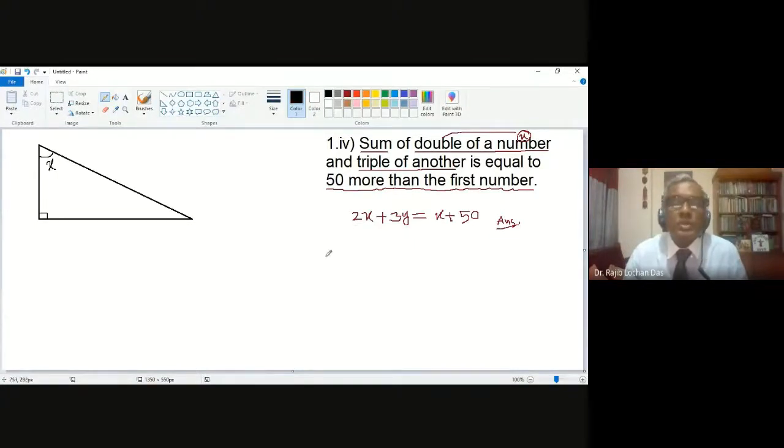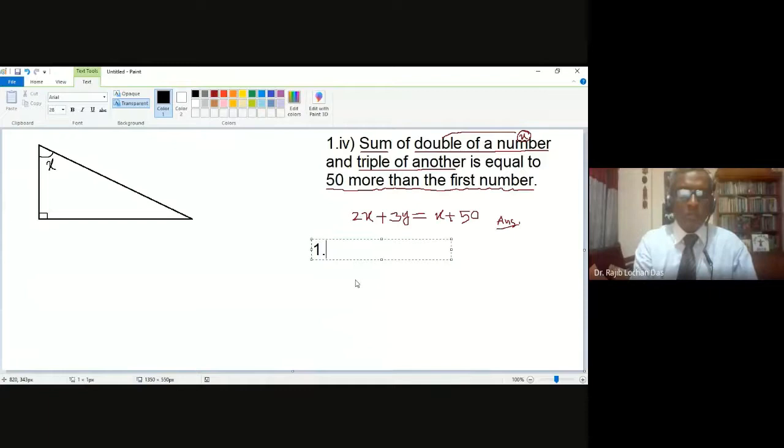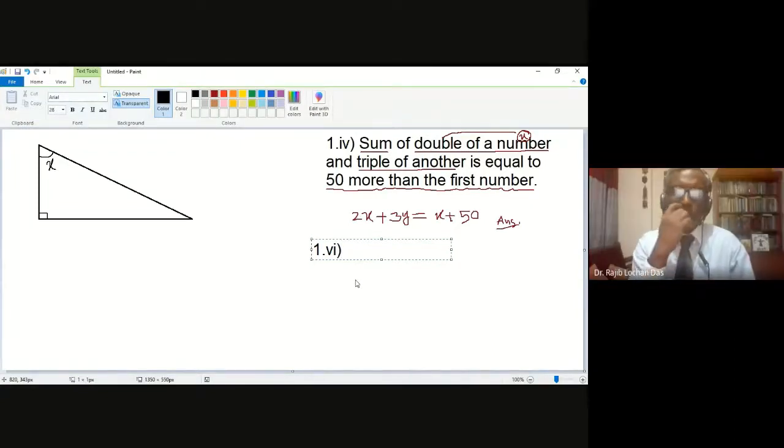So tell me, what is the other one? Sir, the other one is mother's age plus her son's age, who is actually one third of her age. Question number two, sir. Okay, fine.